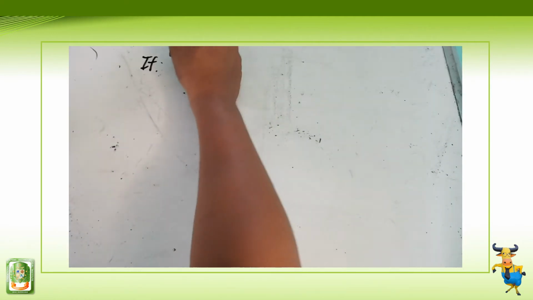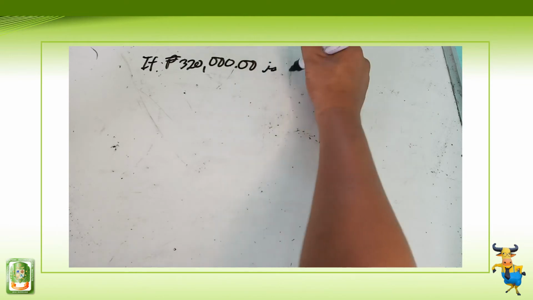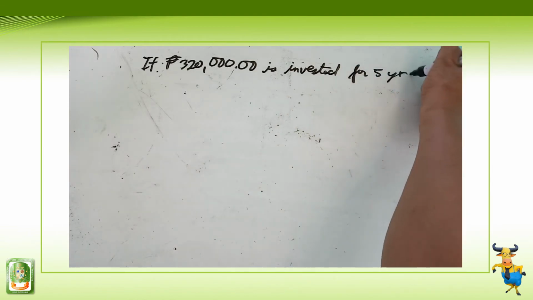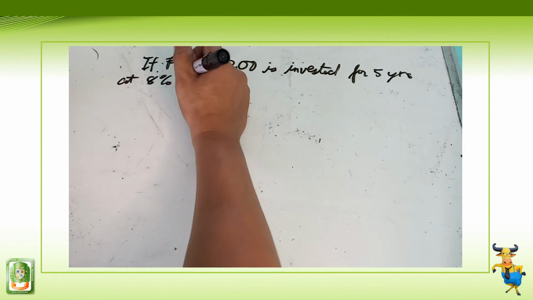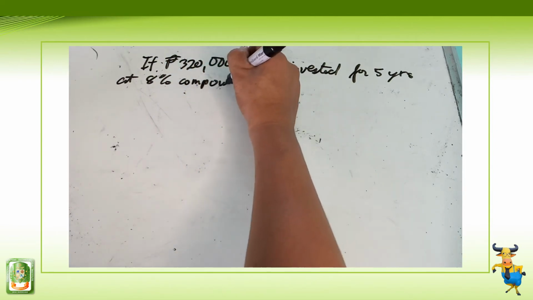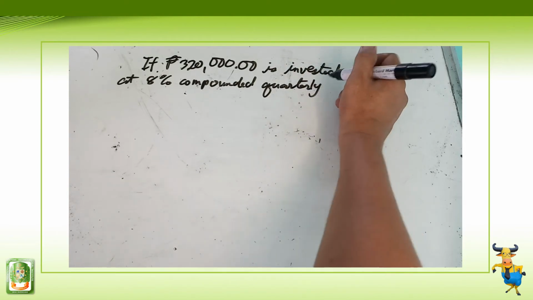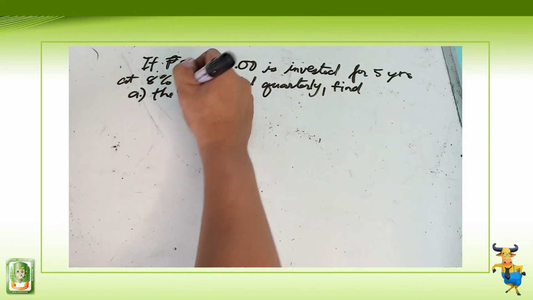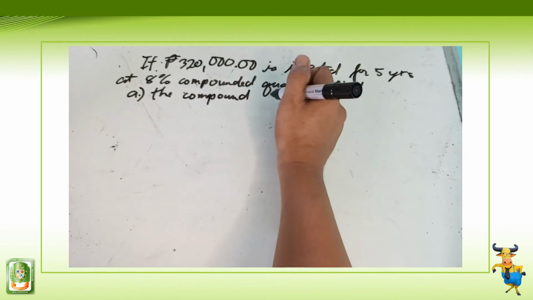Kung meron akong 320,000 is invested for 5 years at 8% compounded quarterly, find letter A, the compound amount.